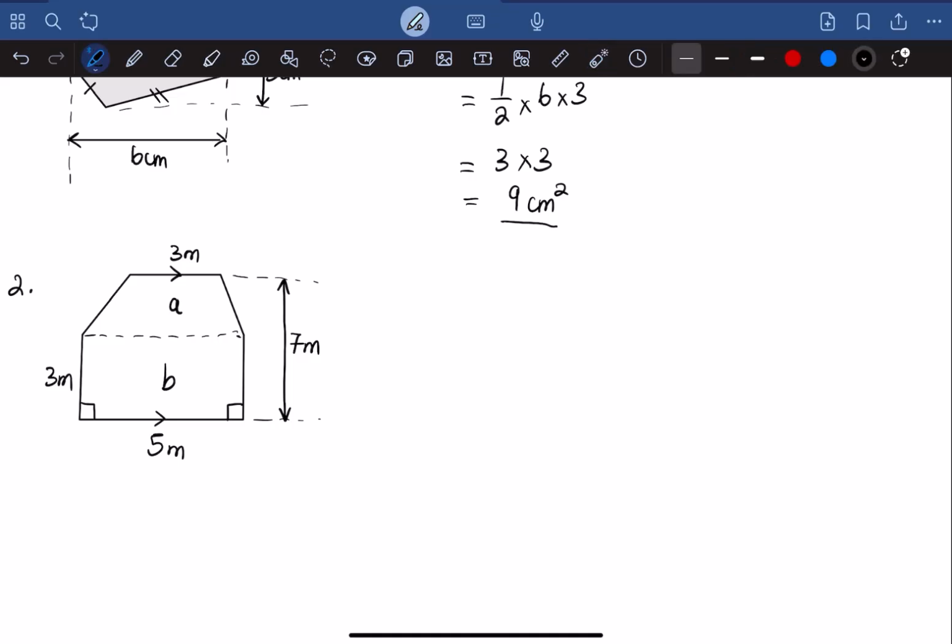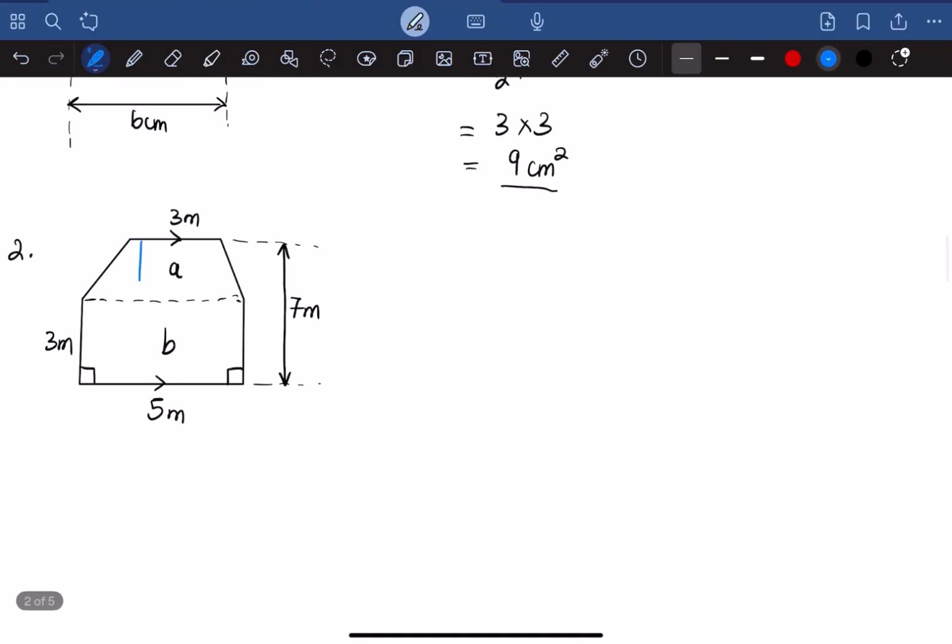First I'm going to find the height of this trapezium. We're given the total height as 7 meters and the height of the rectangle as 3 meters. I'll call it H. To find H, we say 7 meters minus 3 meters, and we get 4 meters. That's the height for the trapezium.